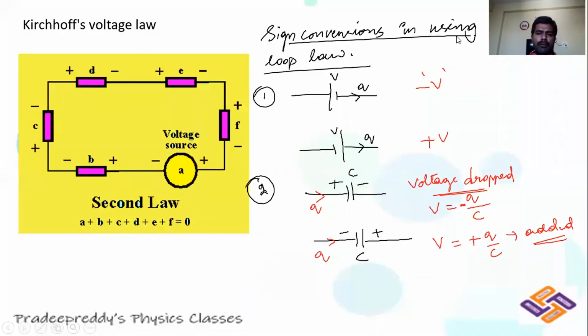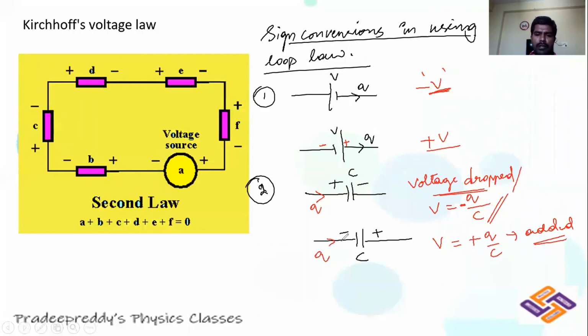Before solving problems, you need to learn these sign conventions when dealing with the voltage law. According to the sign convention, when charge is flowing from positive to negative, you should write it as minus V. When charge is flowing from negative to positive, you should write it as plus V. Similarly, if charge is flowing from the positive plate to the negative plate of a capacitor, you should write it as minus Q by C. It means that voltage is dropped.